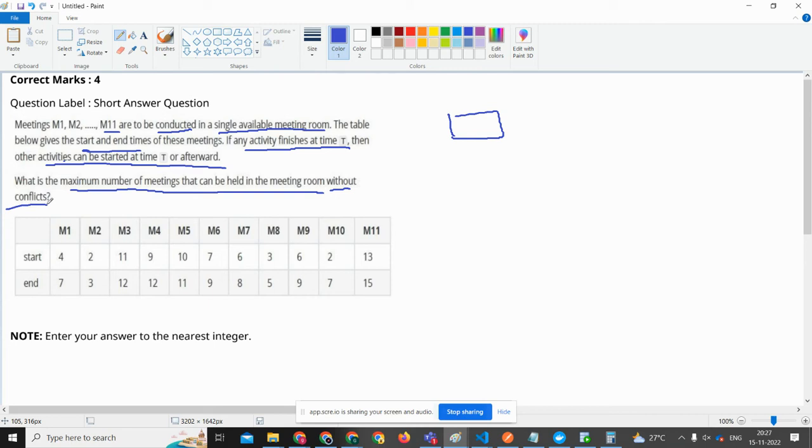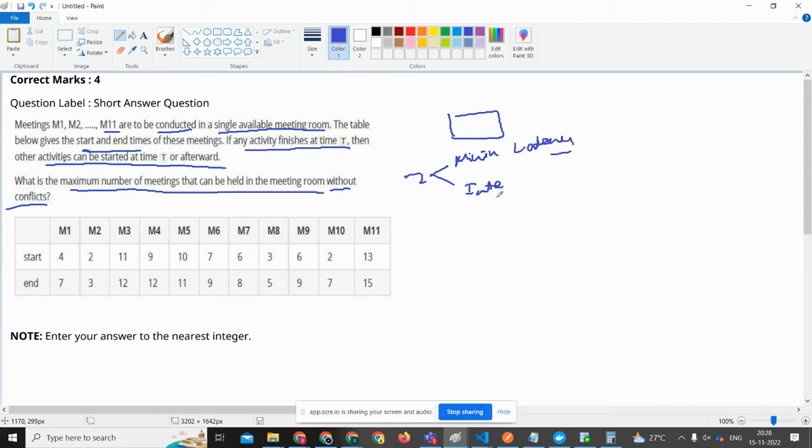This is more like scheduling, right? We have seen something similar. So if you remember, there were two different scenarios: interval scheduling and minimizing lateness.